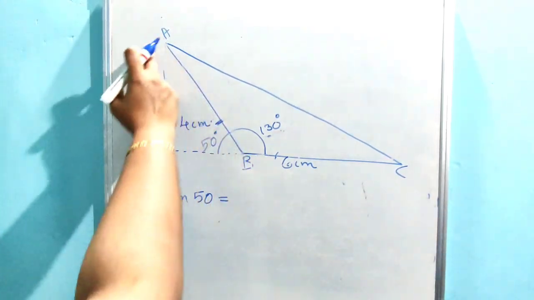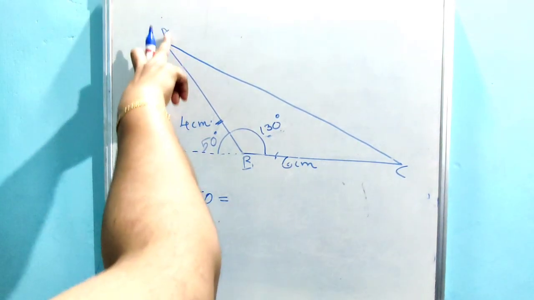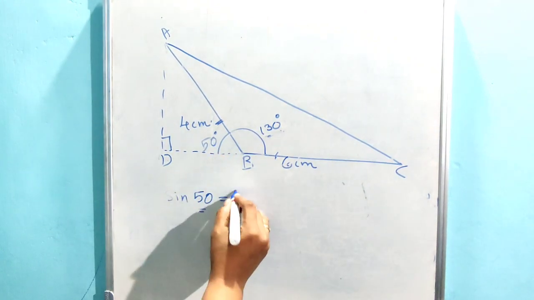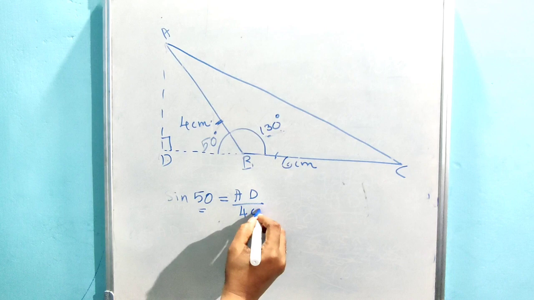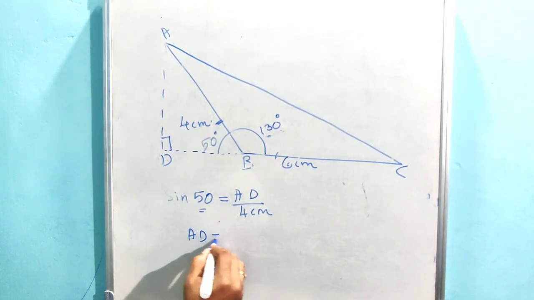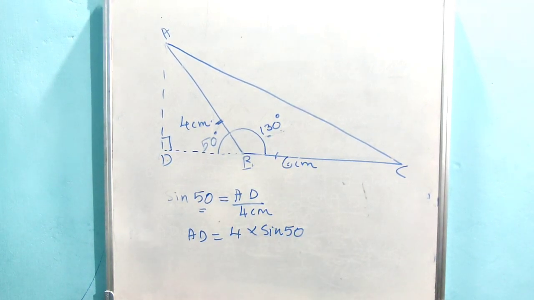Sine 50 is equal to opposite side by hypotenuse. The opposite side is AD, and the hypotenuse is 4 centimeter. Then what is AD? AD is equal to 4 into sine 50.